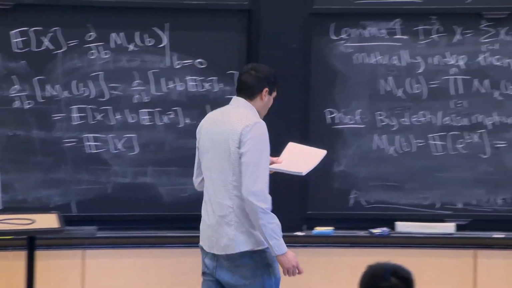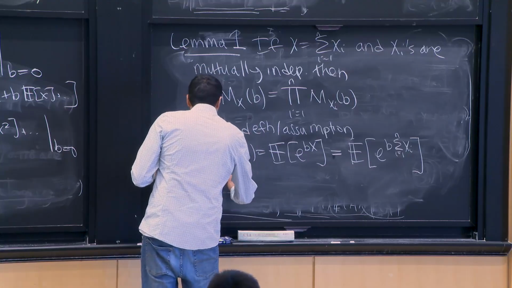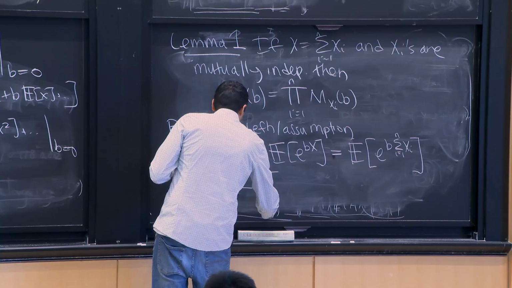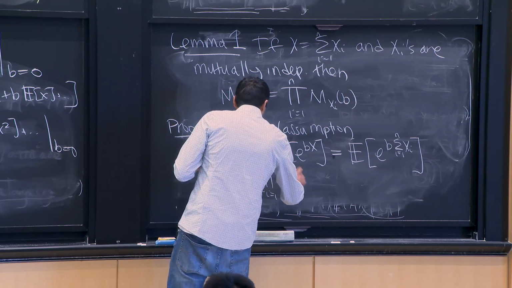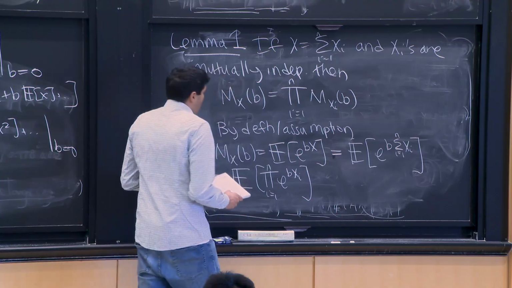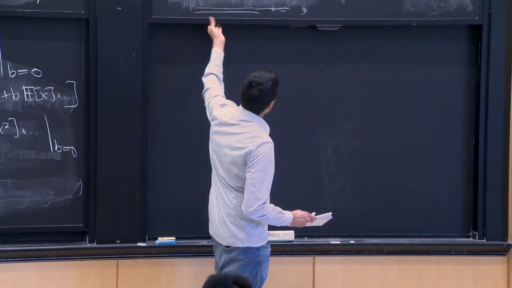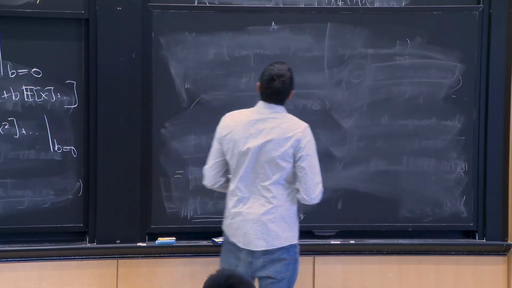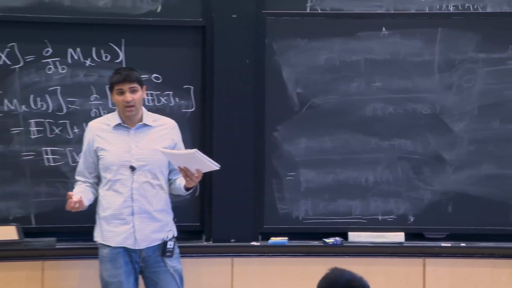That's right. So just to belabor this, let me write it out in two steps first. I can write this as the product from i equals 1 to n of each of these e to the b x_i's, right? But now the crucial thing is that by mutual independence of the x_i's, I actually know that not only are the x_i's independent, but so are the e to the b x_i's as well.